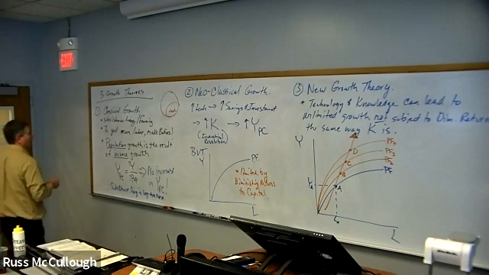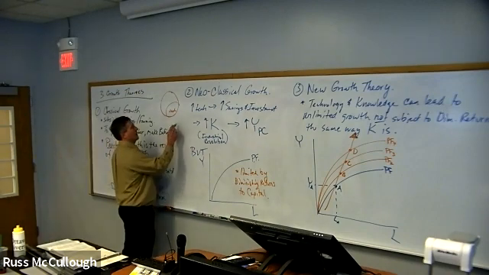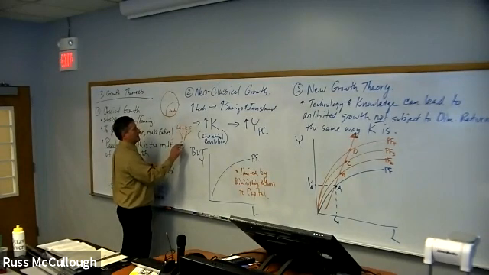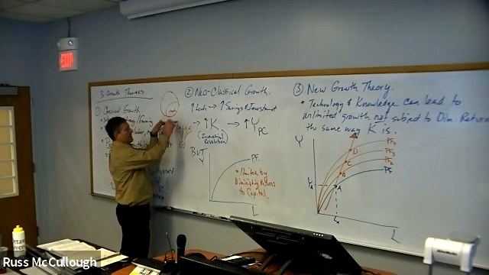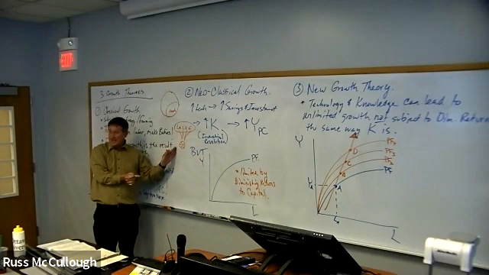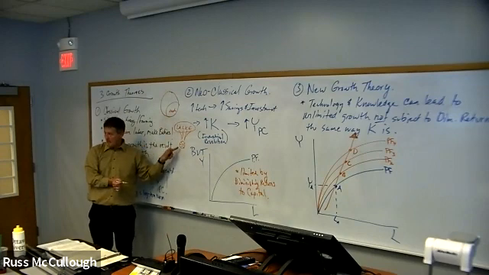So when we think about our process of converting land, labor, capital, and entrepreneurship, we take these resources and out comes a basketball. Taking resources and converting them into final goods and services, technology makes that increase in productivity.